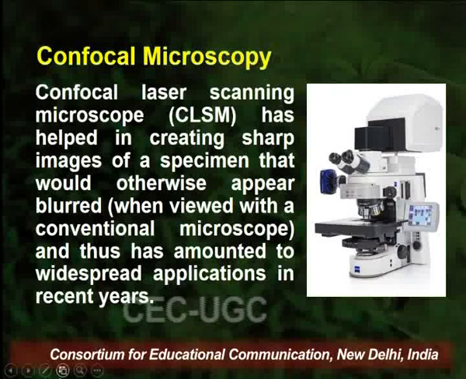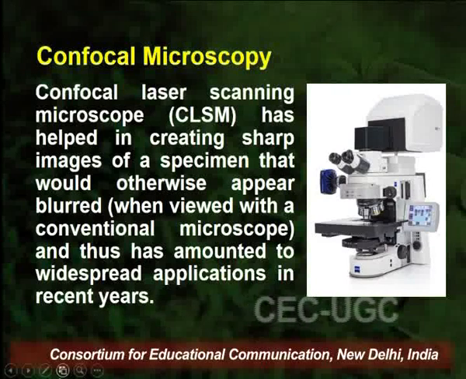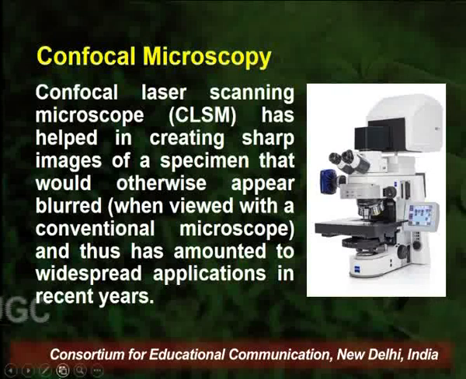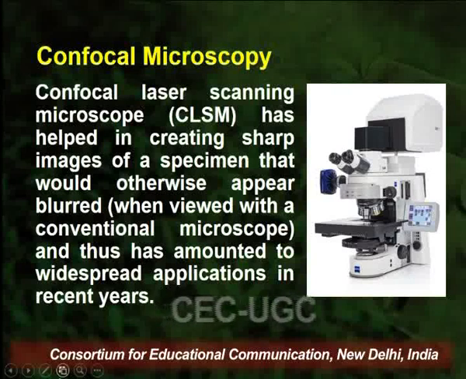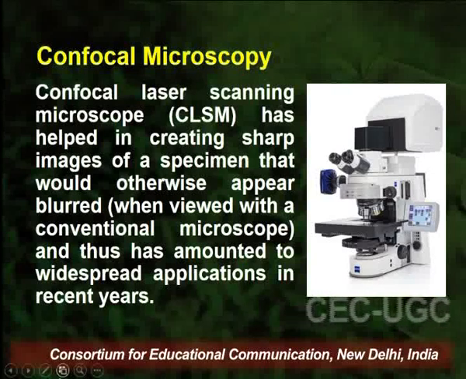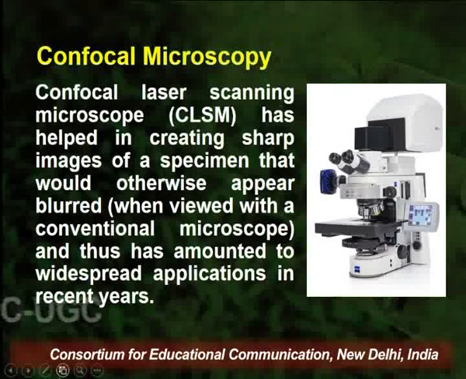So this has helped in creating sharp images of a specimen that would otherwise appear blurred when viewed with a conventional microscope, and thus has amounted to widespread applications in recent years.